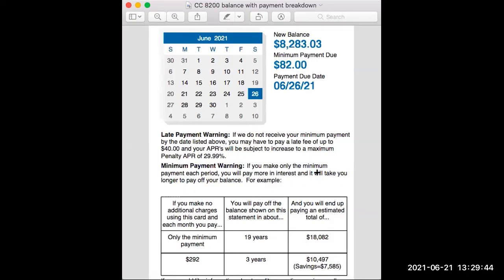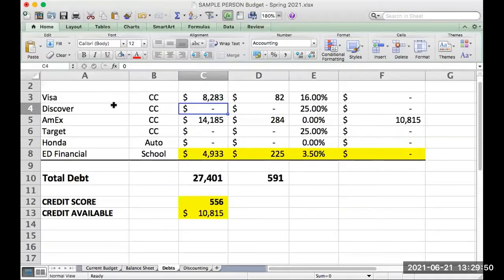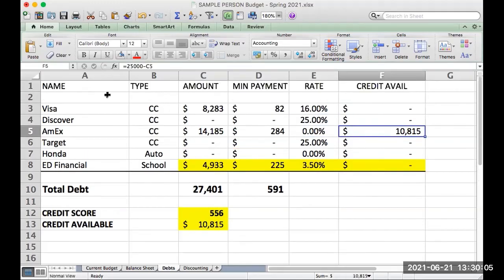But let's go back to where we are right now. So right now, we have a Visa, $8,200 with an $82 monthly payment. Amex, $14,000 owed, $284 payment. And the Amex is at 0%. The Visa is at 16%. We saw that we have a credit available on our Amex of 10,000 and change.